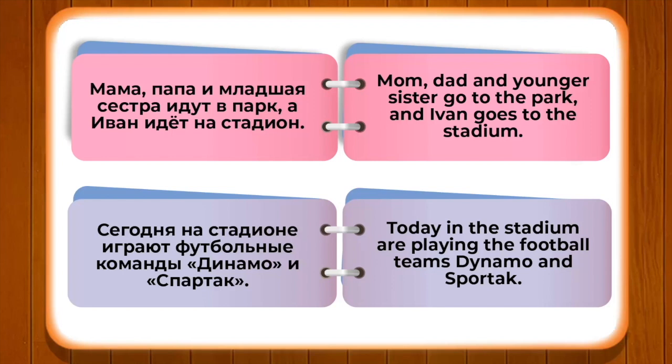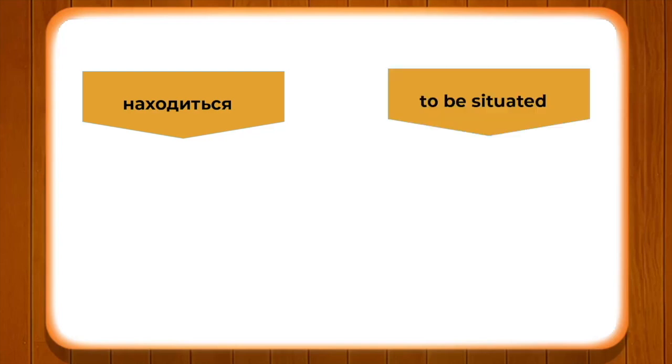Now we will pay attention to some of the words, verbs and word combinations and expressions. Like находиться, this we already know, means to be situated.